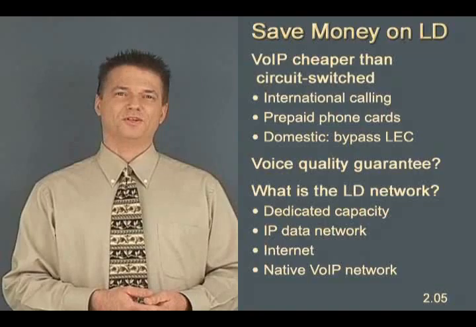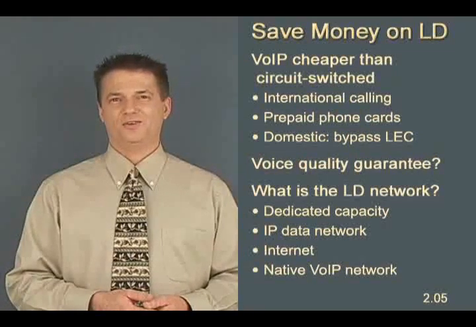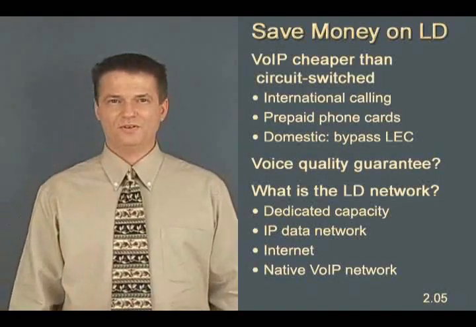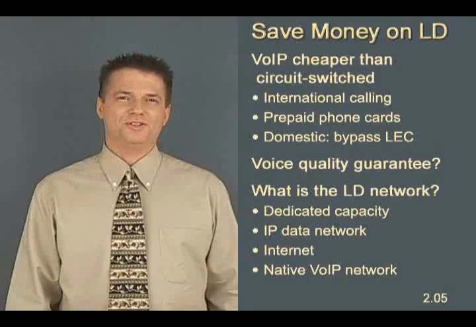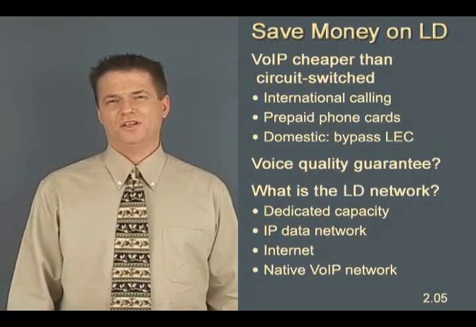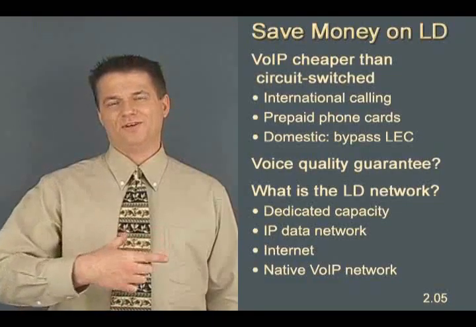And so therefore we can be quite careful and do traffic engineering, and we can end up with quality that sounds exactly the same as a regular circuit switch phone call. But that's pretty expensive.